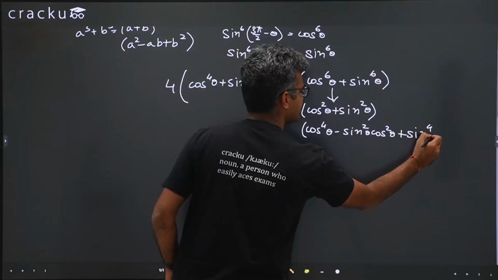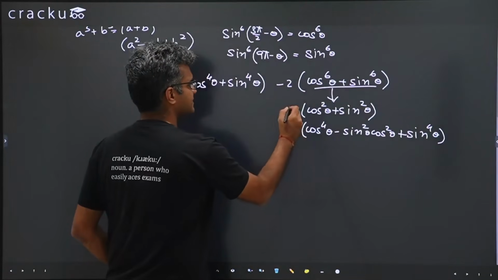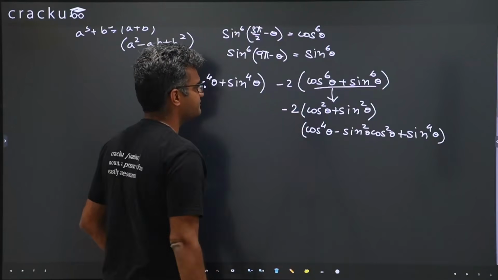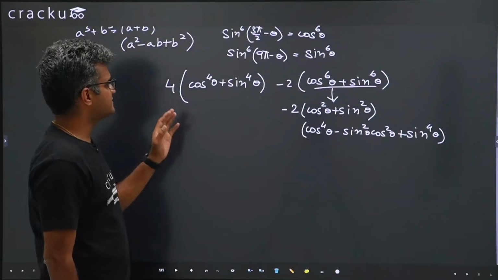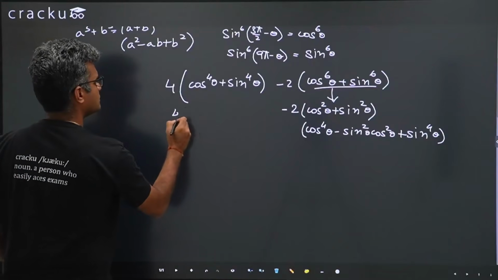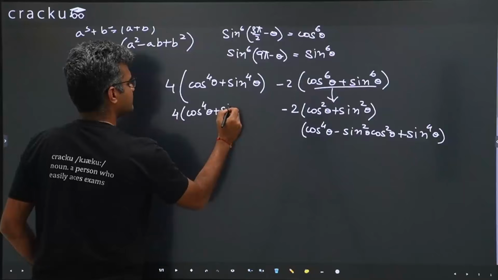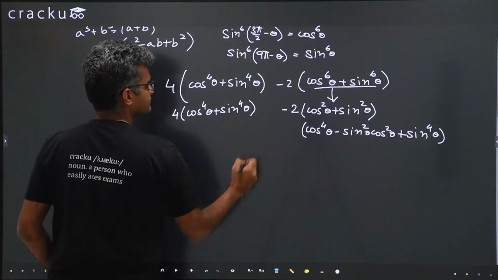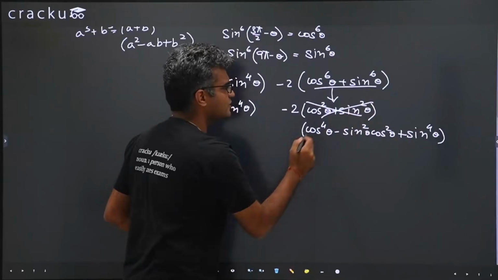This is just the value of the term cos to the power 6 theta plus sine to the power 6 theta, so this is minus 2 times this. This is the second part of the expression. The first part is 4 times (cos to the power 4 theta plus sine to the power 4 theta). As we know, cos square theta plus sine square theta is equal to 1.